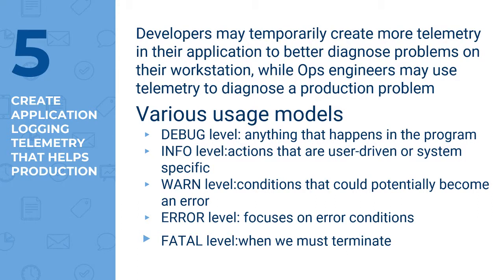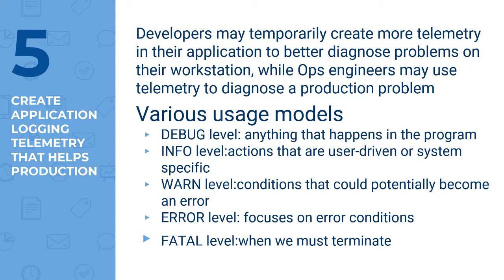Also create application logging telemetry. It will help in production. Developers may temporarily create more telemetry in their applications to better diagnose problems on their workstations, while ops engineers might use telemetry to diagnose a production problem.